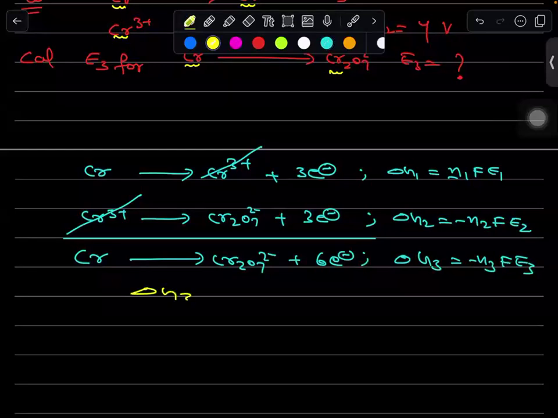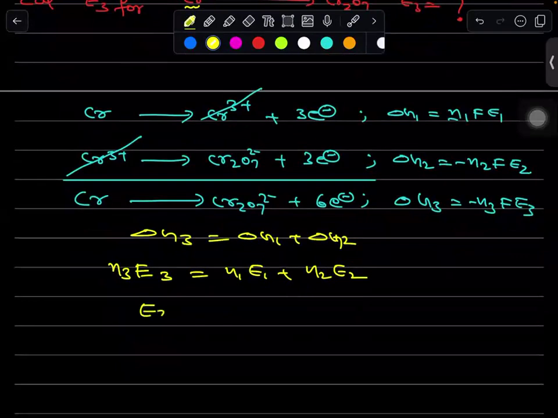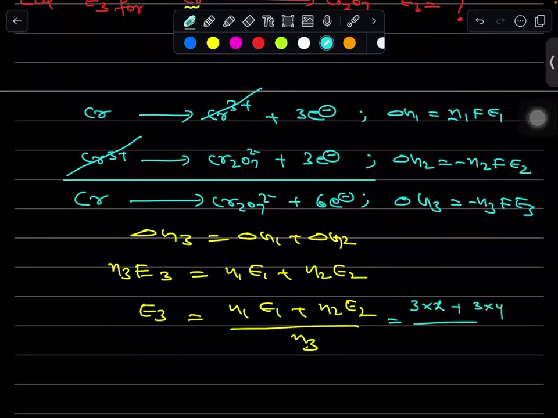So del G3 will be equal to del G1 plus del G2. That finally becomes N3 E3 equal to N1 E1 plus N2 E2. From this you should find the E3 value: E3 equals (N1 E1 plus N2 E2) by N3, which is (3X plus 3Y) by 6.